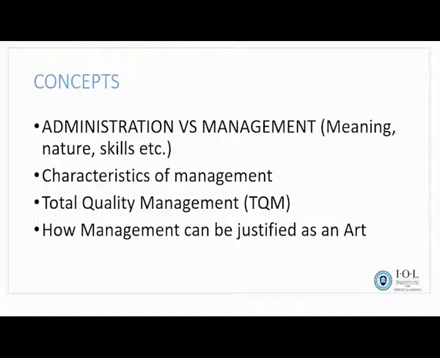First of all, we will look at concepts that we deal with in educational management, which is administration versus management.